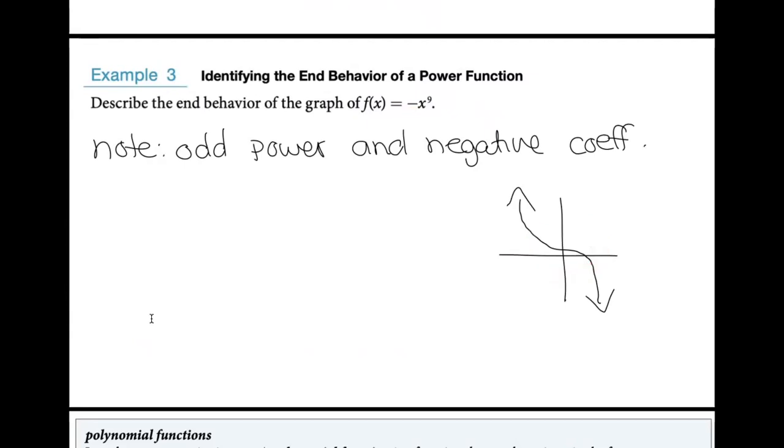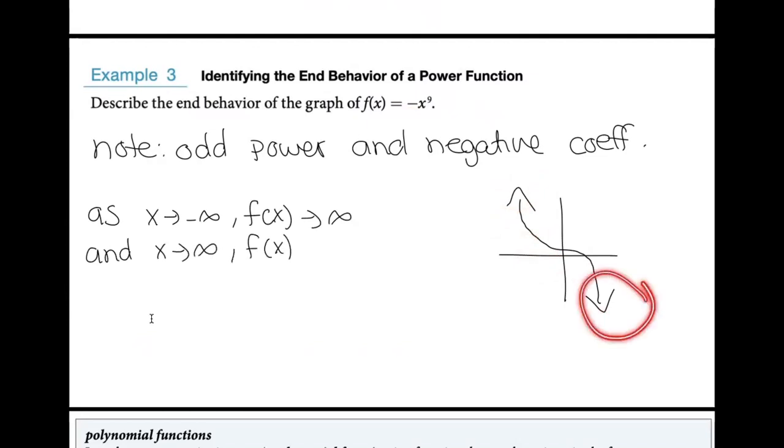We will look at that later, but for now, we're just interested in the end behavior, so whatever's happening towards the ends. So as x is going to negative infinity, f of x goes to positive infinity. And as x goes to positive infinity, f of x goes to negative infinity.